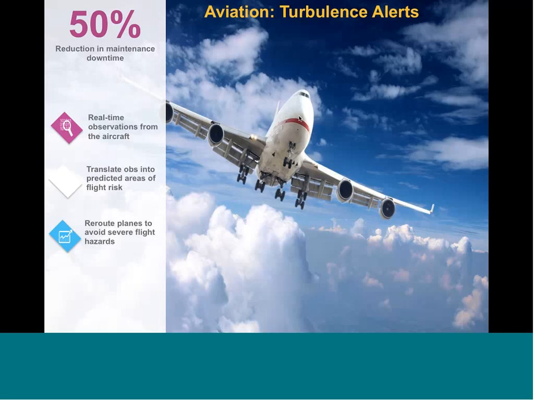You have the fuel cost if you are routing planes around unnecessarily. If you put planes through turbulence that you shouldn't, then you have additional maintenance that you have to do, and there's additional risk with both of those things. And so at the end result, they found that they could have saved 50% in terms of reduction in the maintenance downtimes by listening to the data instead of listening to their pilots.